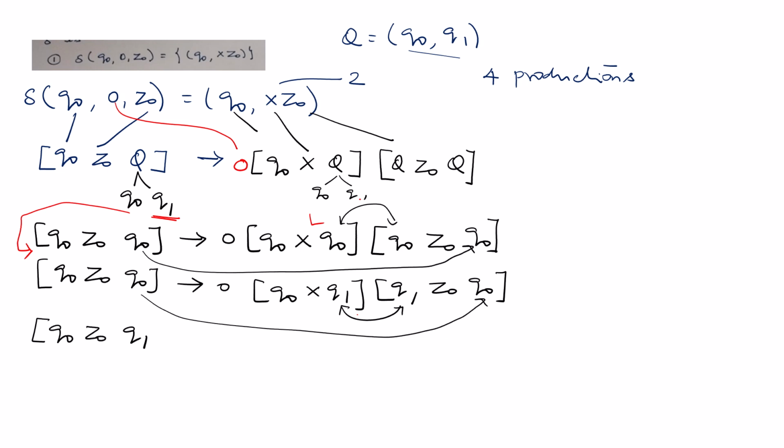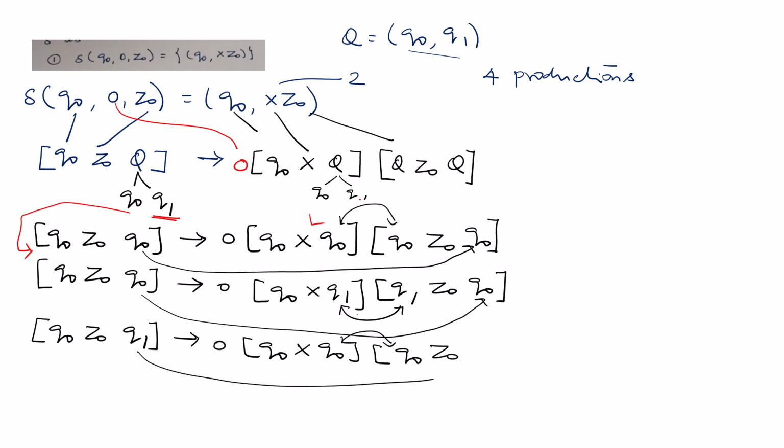We want to go with Q1 and we are going to have 0, Q0, X, Q0. Again Q0 is the same, Z0. Here we are having Q, so comes Q1.